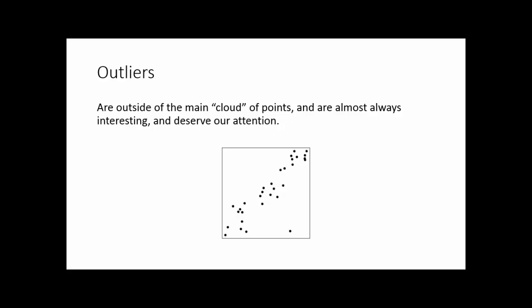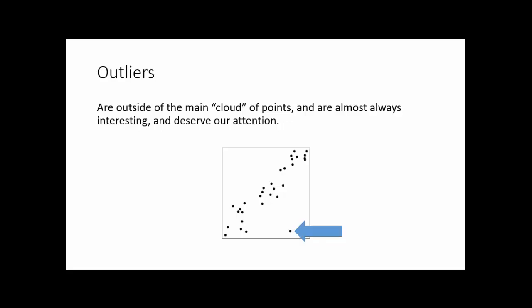It might be the case that there's a problem with that point, that they don't really belong to the rest of the data. They're not part of the same population that the rest of the data came from. But we need to investigate that, because then again, they might be part of the population. Figure out what's going on with that data point.